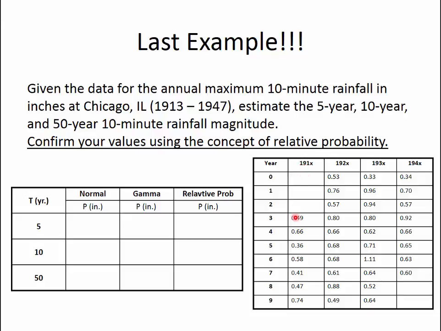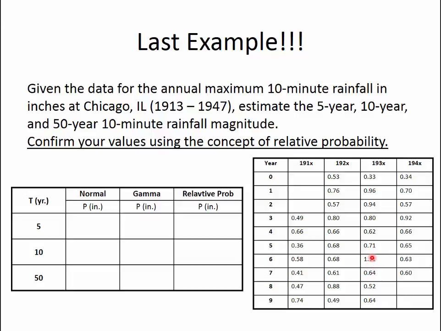This is 1913. So in 1913, the highest 10-minute rainfall throughout the year was about half an inch. That was the highest rate. And over here we can see in 1936 almost 1.11 inches, just more than an inch, fell within 10 minutes. So that was the highest 10-minute rainfall for that year.